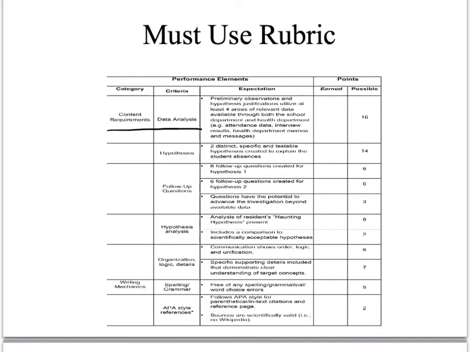Up here, that's your data analysis. That's worth 16 points. And you have to figure out certain things. The directions are here. They tell you exactly what is expected. Then you have to do 2 hypotheses.